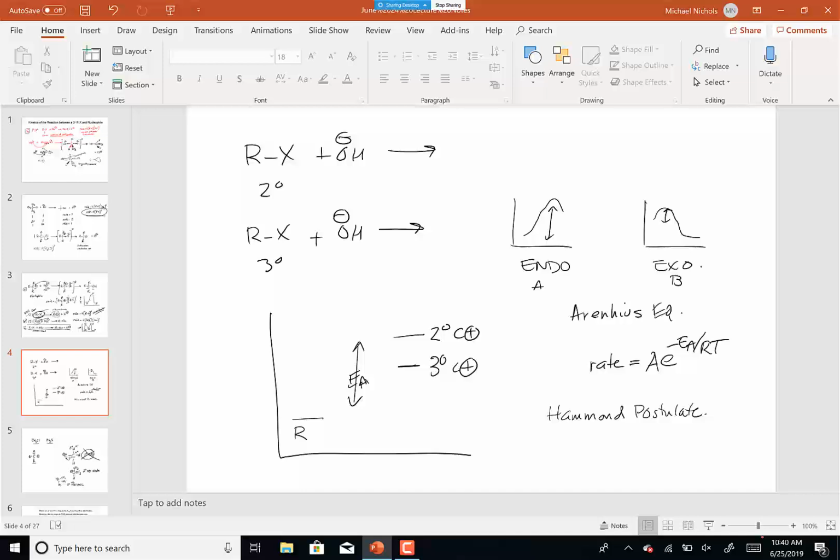So A is endo, B is exo, C is same rate. So my question is, which reaction goes faster? Endothermic, exothermic, so endo's A, exo's B, or if they go at the same rate, C.